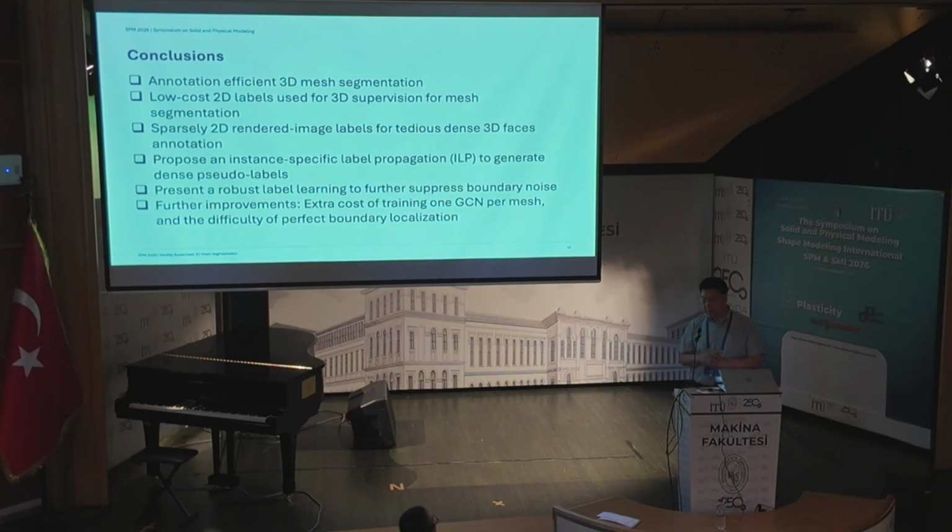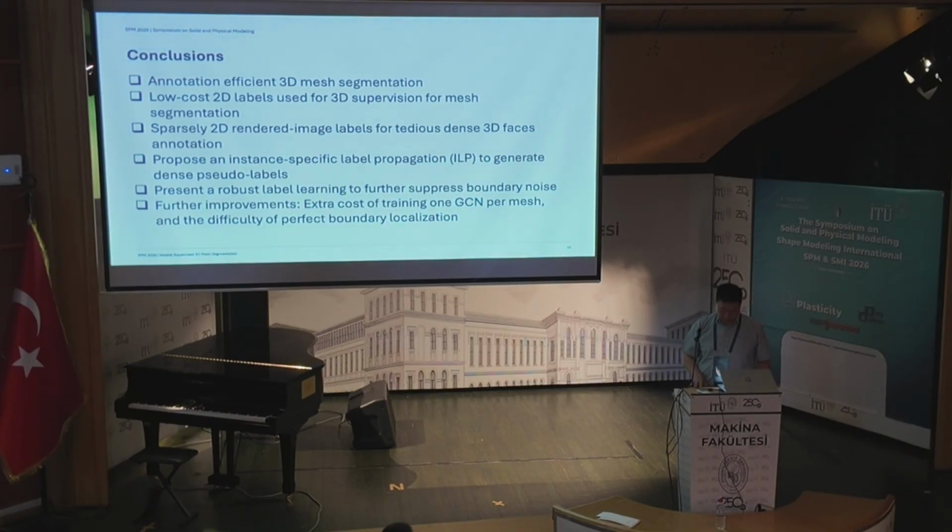Actually, the main idea of going through 2D labeling is that it is very easy and simple. Although we did not produce any comparison in that sense, in general, if people are talking about deep learning techniques for 3D mesh processing, the labeling is very complicated.